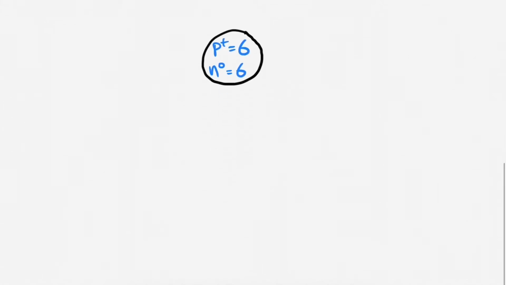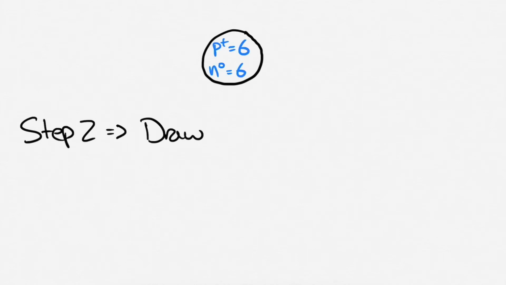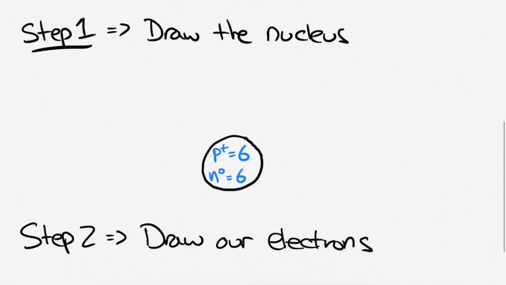Now step 2, we're going to draw our electrons. Remember, in a neutral atom, the number of electrons equals the number of protons.